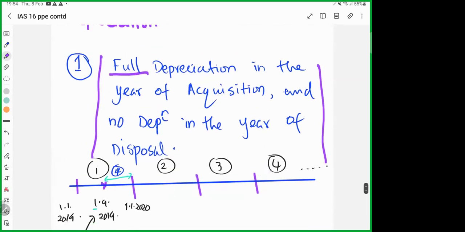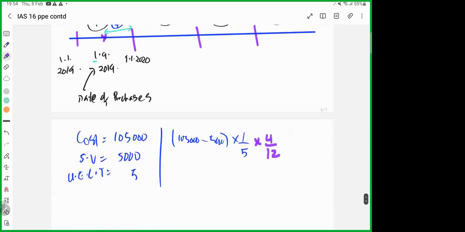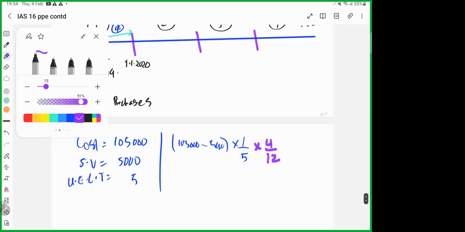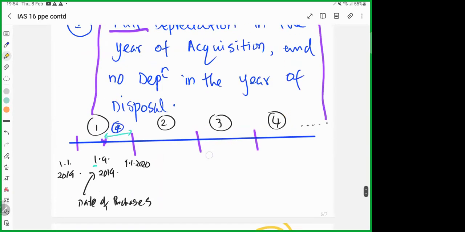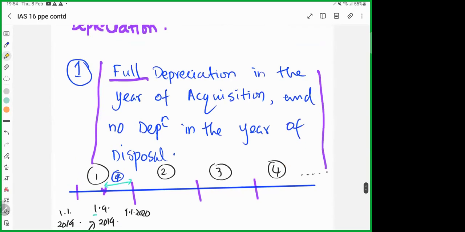See, full depreciation in the year of acquisition. We use the word full. When you use the word full, do we really need to use 4 months? I think it should be. For 4 months we have to depreciate. Please read again: full depreciation in the year of acquisition. What do you mean by the word full? Okay, got it.